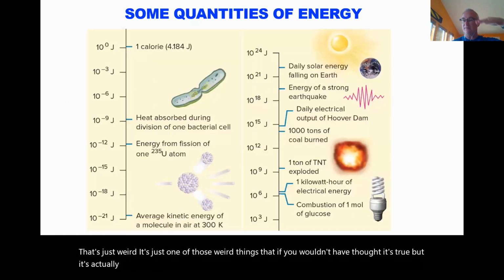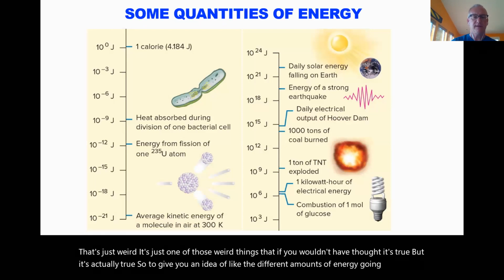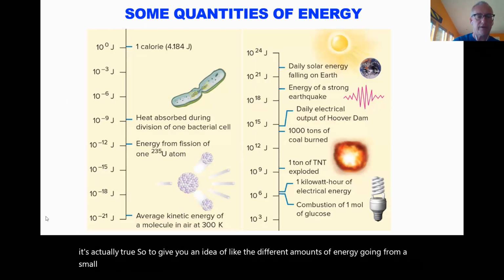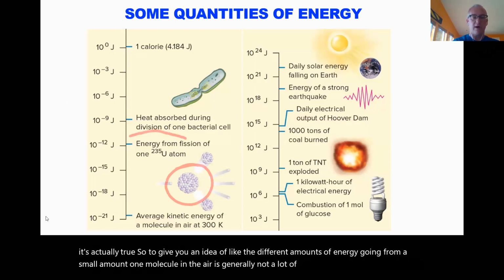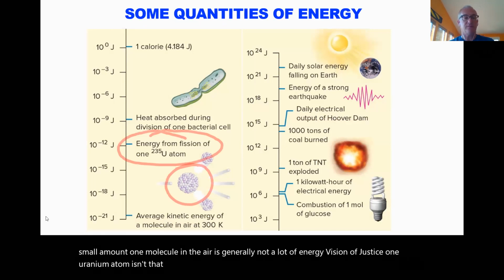So to give you an idea of the different amounts of energy, going from a small amount, like 1 molecule in the air, is generally not a lot of energy. The fission of just 1 uranium atom isn't that much energy, but when you take a few trillion of them, it adds up.